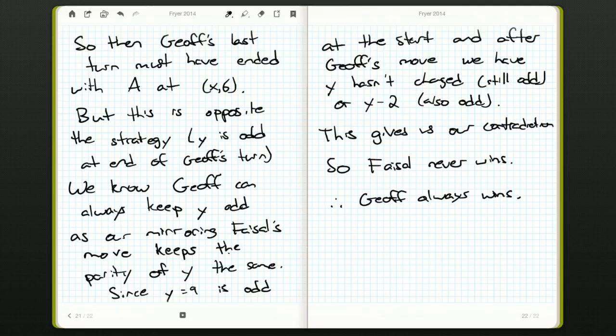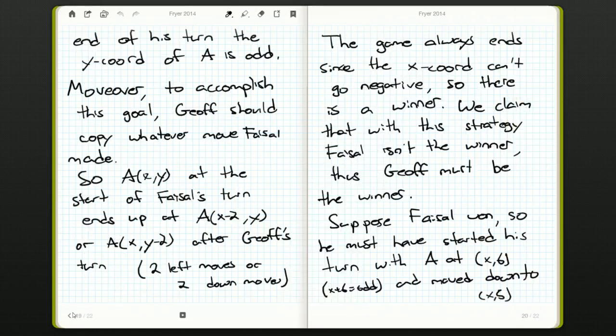Okay. So after playing around with it for a little bit, we figured out that Jeff will probably win. And the way he does that is he ensures that at the end of his turn, the y-coordinate of A is always odd. Okay? That's his goal, but we show why this is always possible.